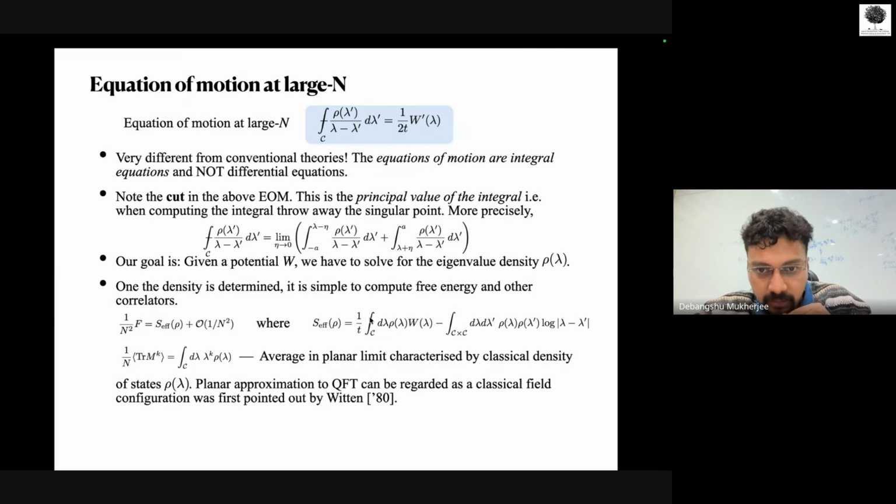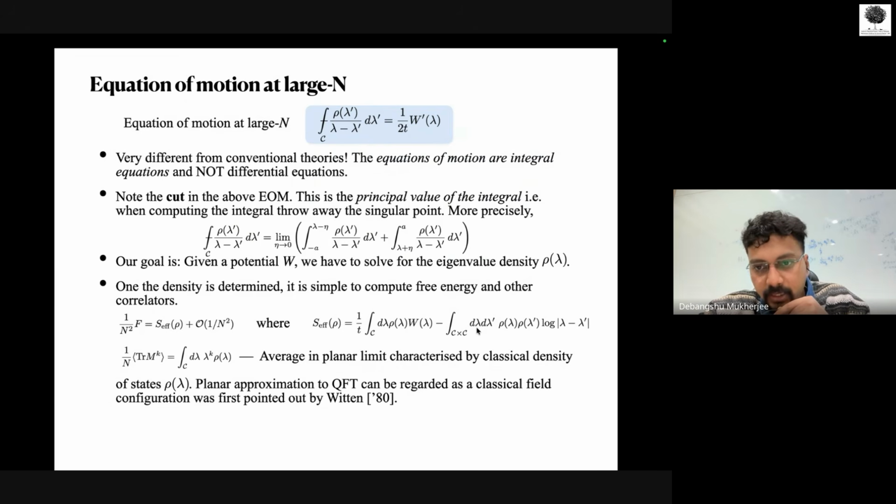Now if you simply hit S effective with a variation, the variation with respect to rho has to vanish. So you are going to take this del rho. There will be an integral over lambda, del rho, and here there will be a factor of half because there are two rhos.